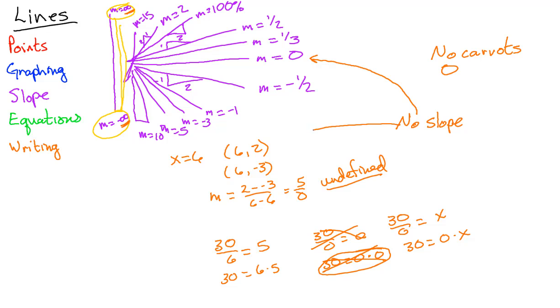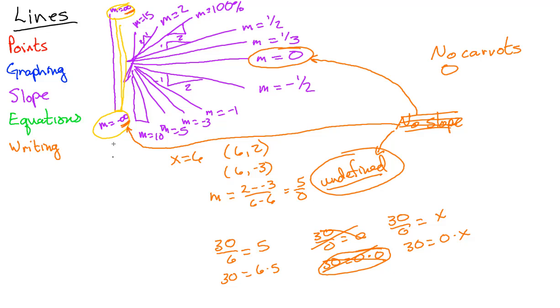Other people say, aha, the slope does not exist, undefined. And can you see how no slope might be confusing? Some people think it's vertical and some people think it's horizontal. Well, that's something I would encourage you as tutors not to use because it's ambiguous. You either have a slope of 0 or the slope is undefined, which means it is a vertical line.